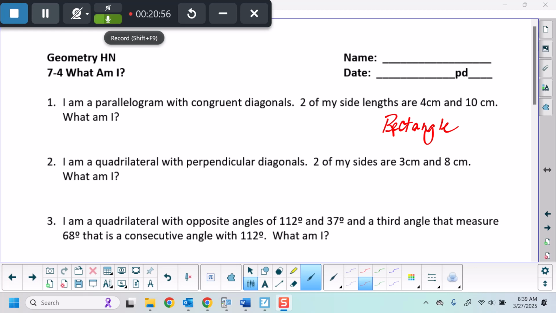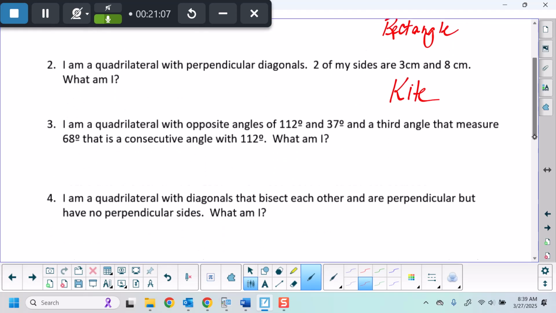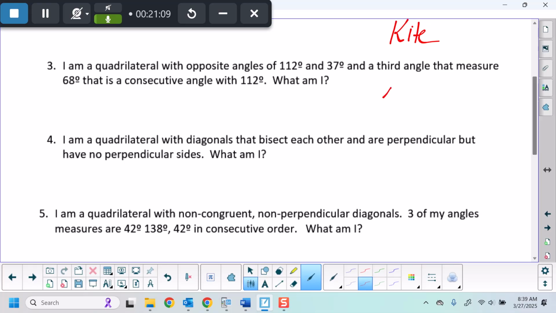All right, ready? Number 2 is a rectangle. Thumbs up if you agree. All right. Number 3 is a trapezoid. I told you, it is a trapezoid. Any questions on any of these? Let me know, and I'll be glad to tell you how number 4 is a rhombus.